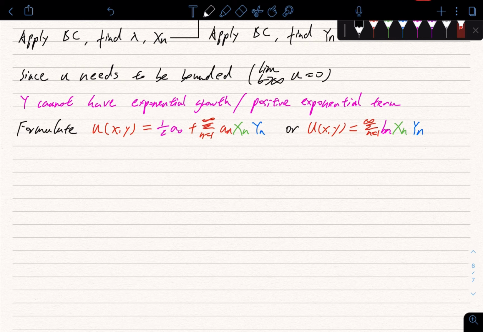So the first case is a semi-infinite domain with 0 temperature ends.